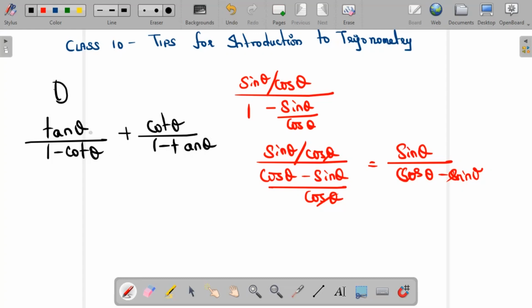All you are doing is changing all of these into basic ratios, after which you will take the LCM between these two denominators, do a cross multiplication to the numerator, then add whatever is the expressions that are coming, apply appropriate identities, simplify, and then try to cancel out as much as to the numerator and the denominator to get back to the right side.